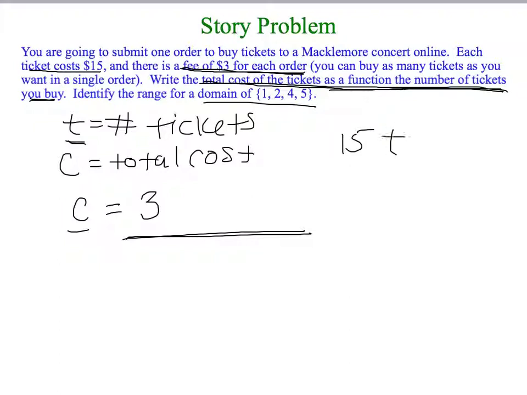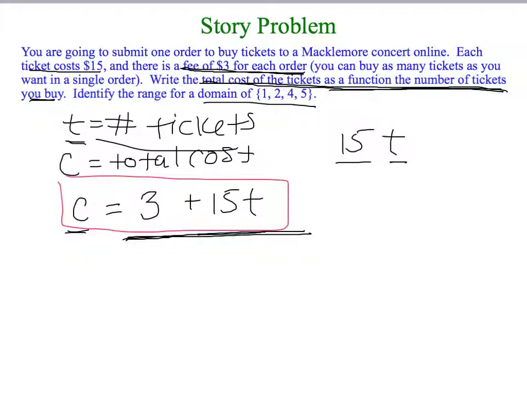So we can say 15t, which would be 15 times the number of tickets, the total cost of all the tickets. So you can say 3 plus 15t. That's the total cost is equal to your one-time order fee plus the cost of the tickets times the number of tickets you buy. This is your answer to part 1 of the question.